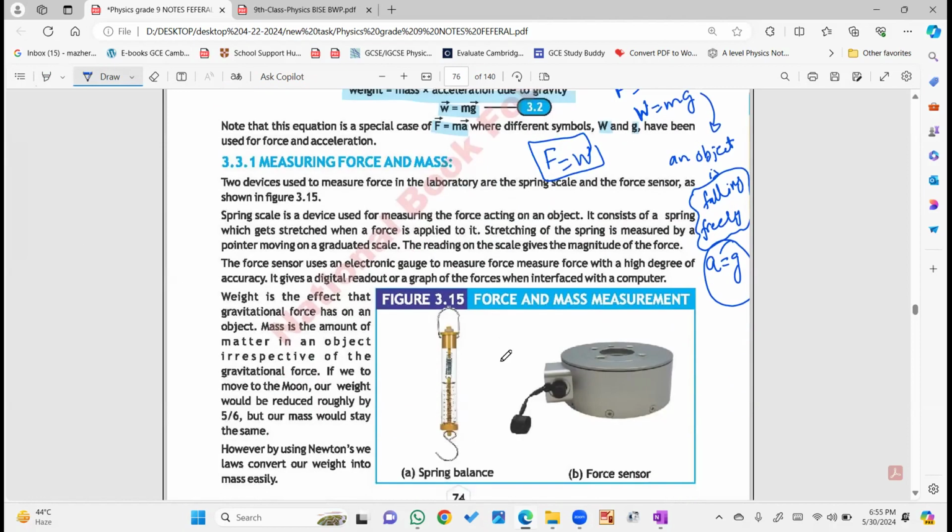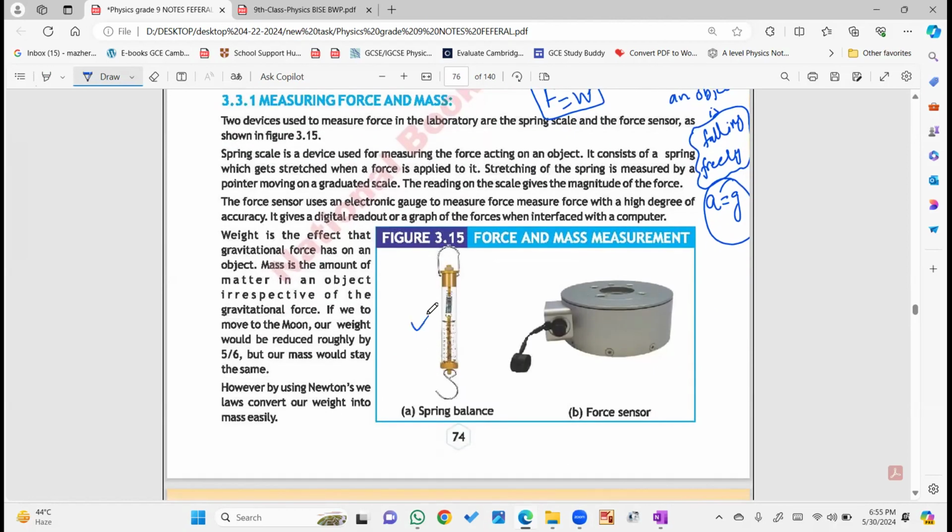Okay. Then on the scales discussed, this is the spring balance. Using the spring balance, we'll get the weight. And if we want to find out the mass of the object, what will I do? I'll divide weight by the value of g. I'll get the mass. Force sensor, and there are so many other devices which would help us find out the mass of the object. Spring scale is, they have mentioned here, it measures force acting on an object.